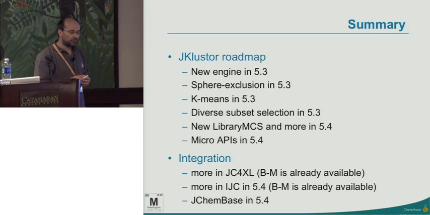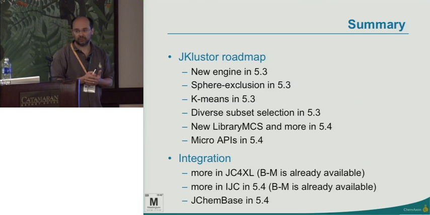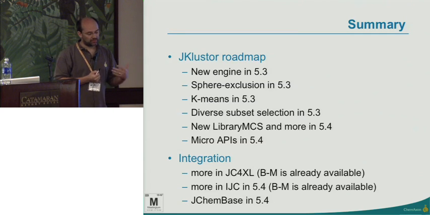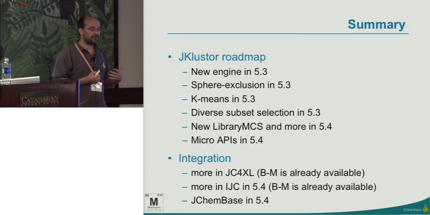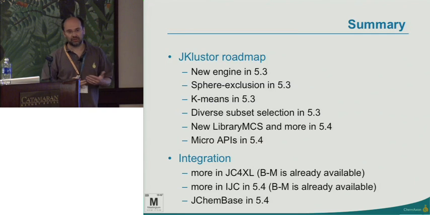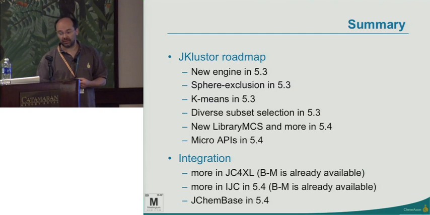For us, in the future, the key issue is integration. As you saw, Bemis and Markov frameworks are already integrated in JChem for Excel. They are also available in Instant JChem. Now, based on this new architecture, all clustering algorithms we have and will have will be instantly available in Instant JChem as well as in JChem for Excel.